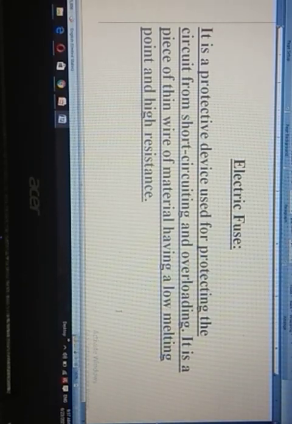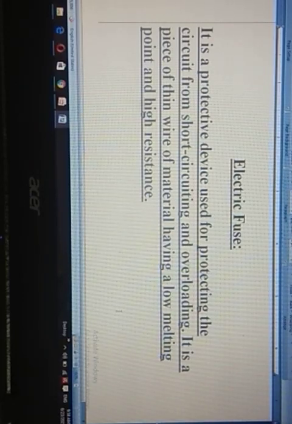It is a piece of thin wire of a material having a low melting point and high resistance. Costly electrical appliances like television and refrigerator are protected by a fuse. An electrical fuse is a safety device which protects the circuit and electric appliances from damage due to high current.